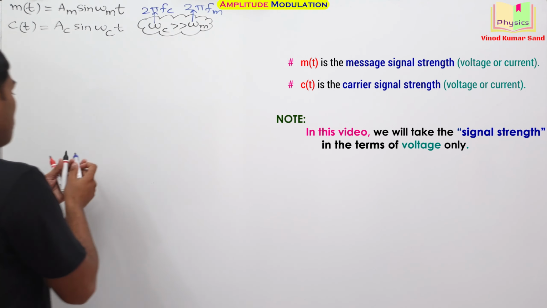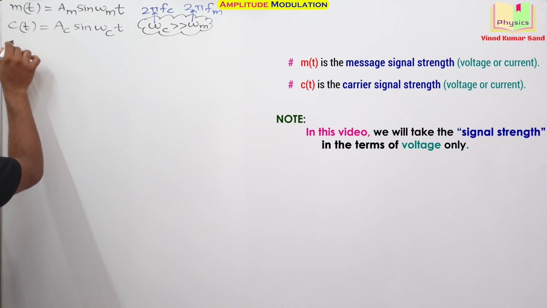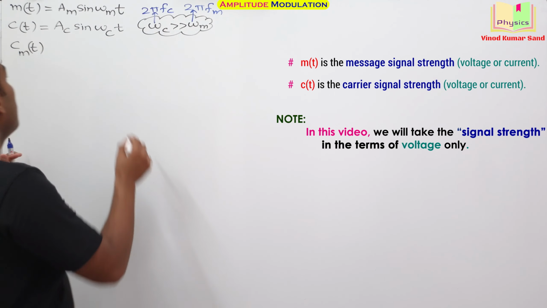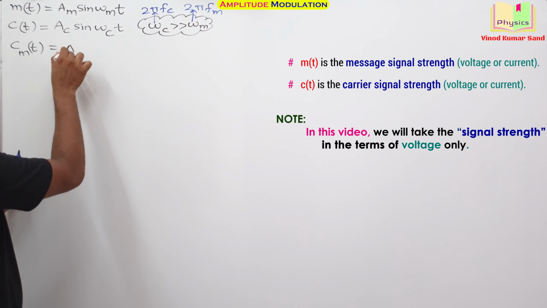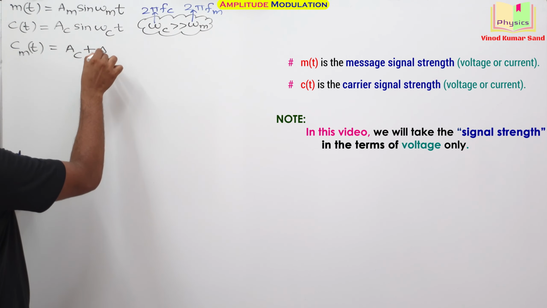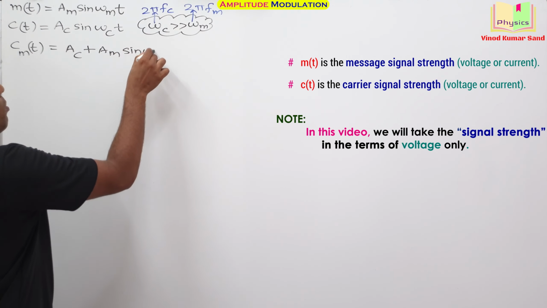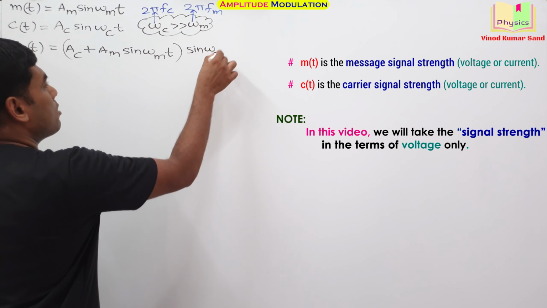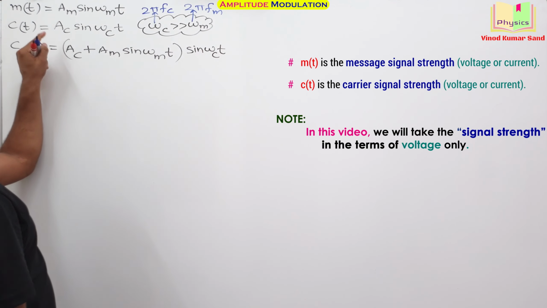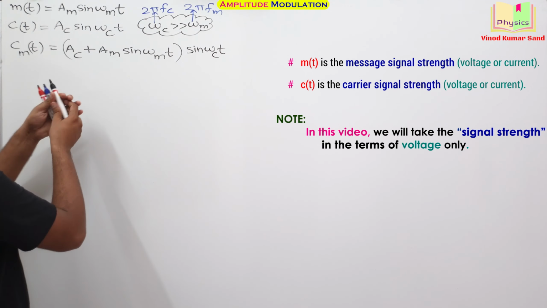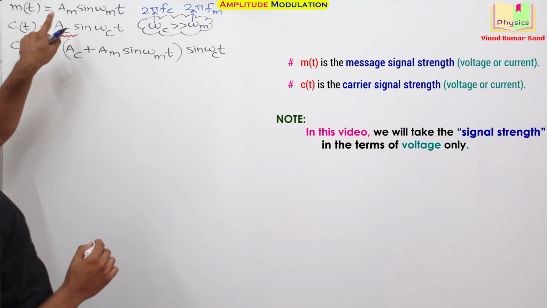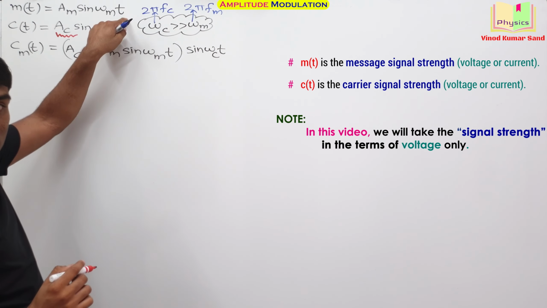Okay. Now I am writing the expression of the amplitude modulated signal, which we will write as cm(t). And this will be equal to (Ac + Am sin ωm t) sin(ωc t). I am explaining why we are doing this. In amplitude modulation, we have to vary the amplitude of the carrier in accordance with the message signal.